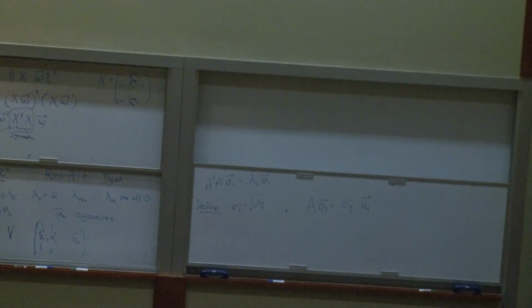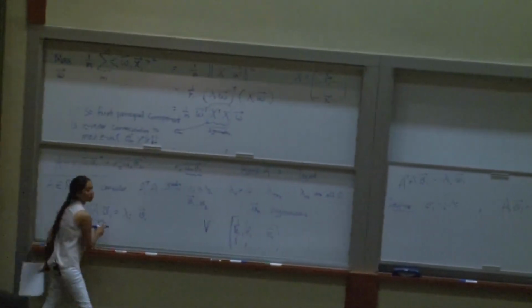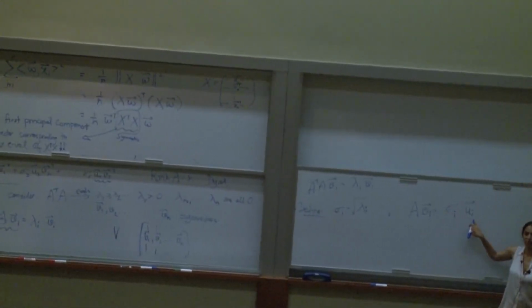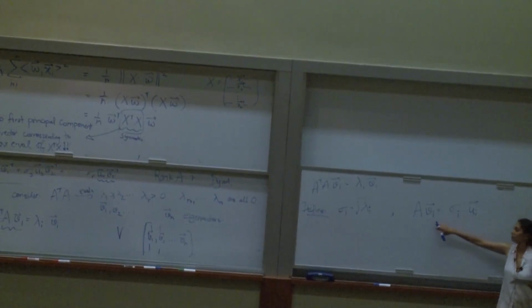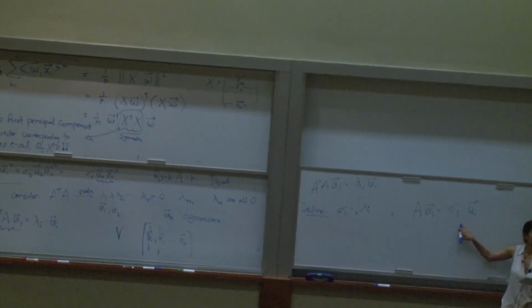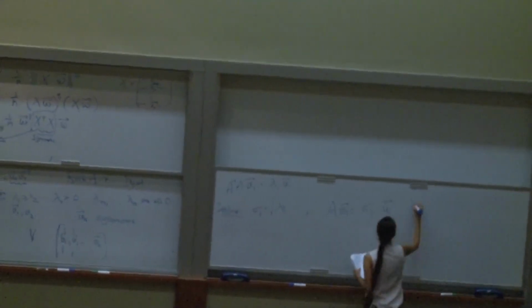But I don't want this A transpose A here. I really care about this A times vi, so I'm going to pull that out. I'm going to define ui as A times vi divided by sigma i, which is the square root of lambda i.